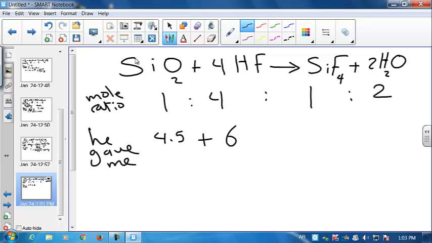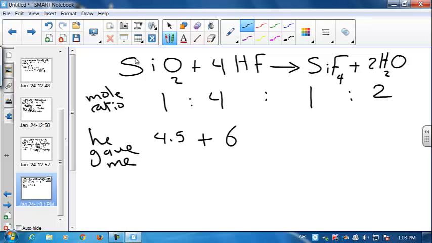Listen to this. If I use 4.5 moles of silicon dioxide, by the mole ratio they need how many moles of hydrogen fluoride? Multiplied by 4, right? This is the ratio. So 4.5 times 4 means 18 moles of hydrogen fluoride, right?